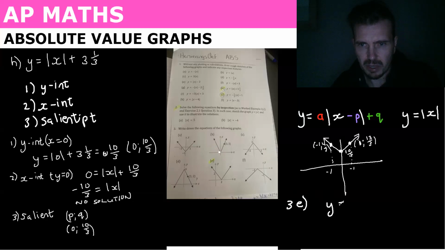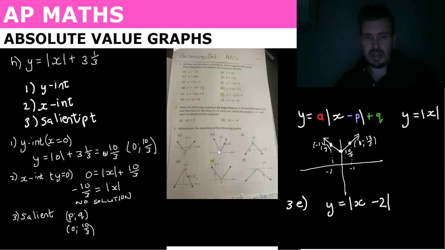So it's going to be y equals the absolute value of x, and because it's shifted to the right, we say negative, because forward means it's negative, with a 2, and that's all we need to do. And if we got the y-intercept, if we put a 0 in here, let's just do it.